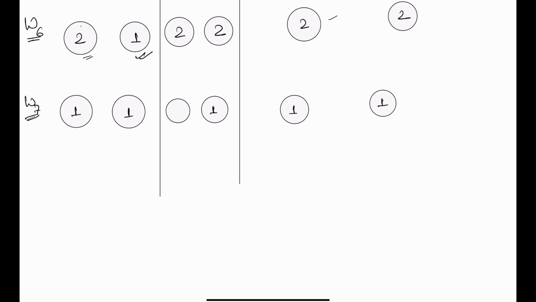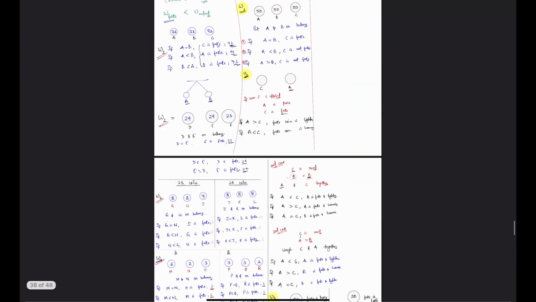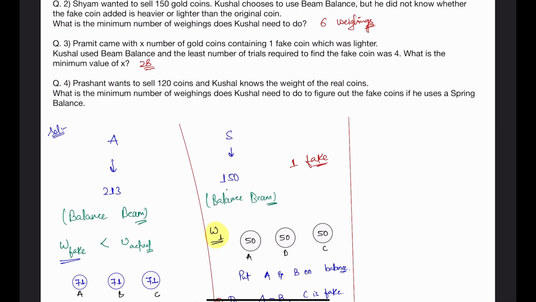Whichever it is, he will keep it, and he will understand which one is fake. So the answer for the last one, Prashant's one, will be 7 times. This much for today.